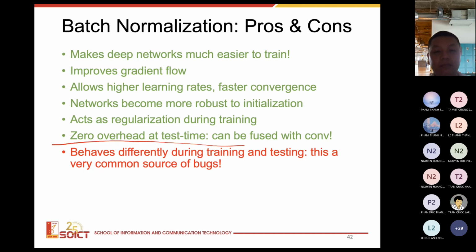The disadvantage of batch normalization is that in some situations you might see the model behave differently during training and testing, and it could be a common source of bugs for the model.